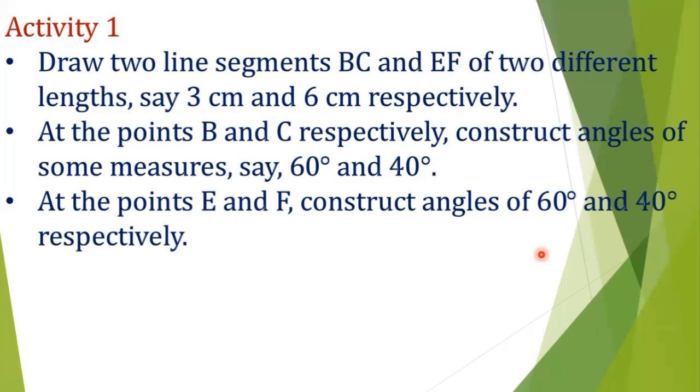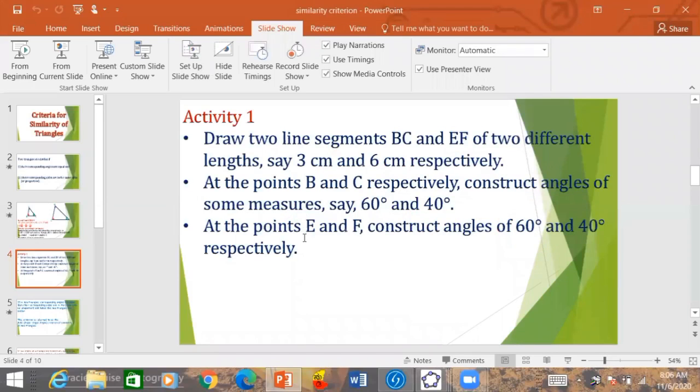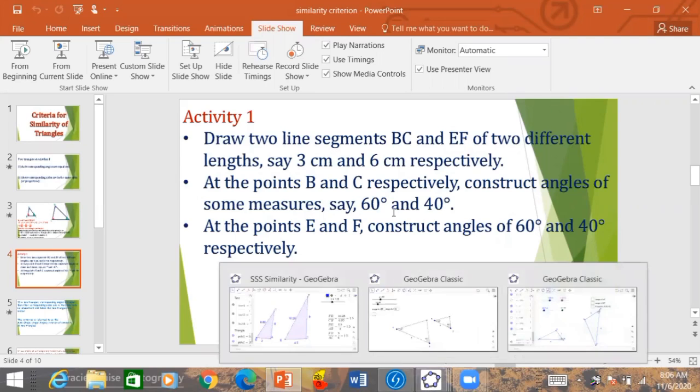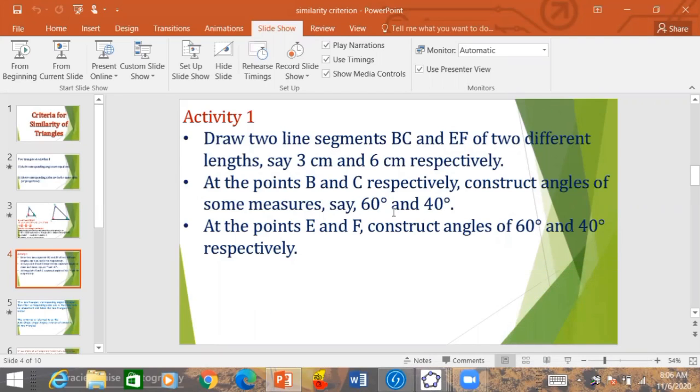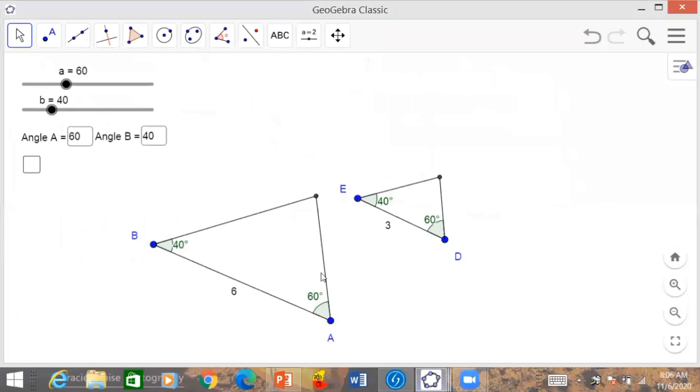Now you have to construct two triangles, triangle ABC and triangle DEF. After constructing the two triangles, you have to measure the sides and the remaining angle.